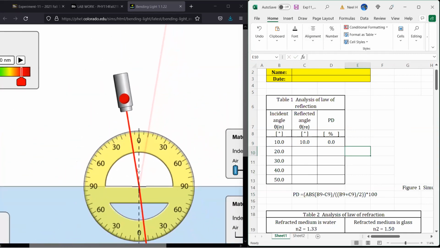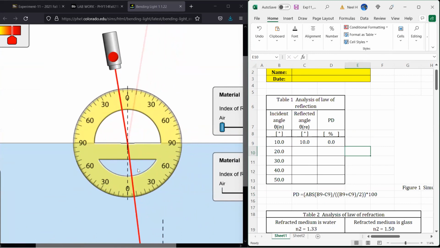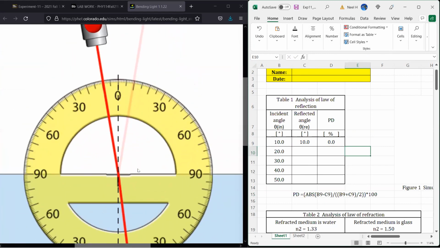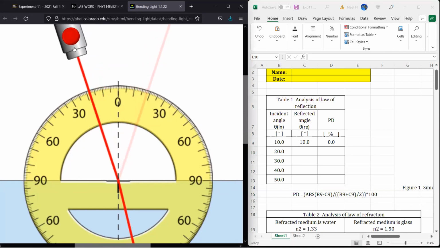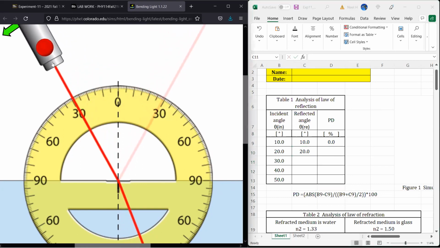All right, then let's take a look at what happens if I increase the incident angle. Let's increase this to 20, using the outer edge of the laser light. Right here it's exactly 20, no difference at all. Then we'll try 30. Exactly 30 on the other side, no difference at all.